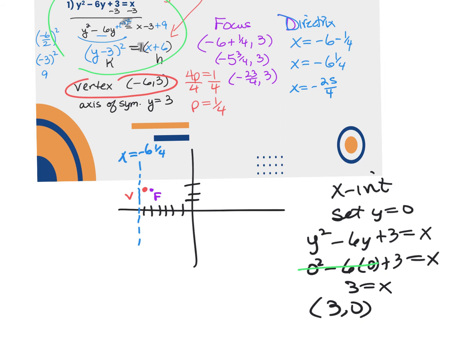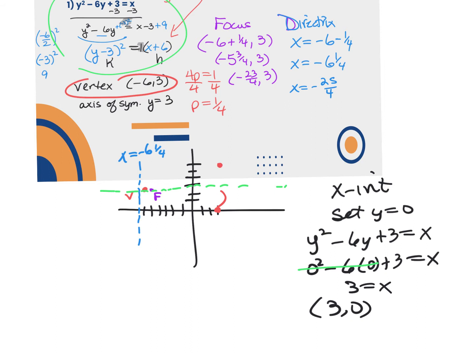So if I come over here, 1, 2, 3, I can put my additional point right here. I can use my axis of symmetry here. And since it's 3 away down here, I could go 3 away up above, 1, 2, 3, and show that it's going to be right here.